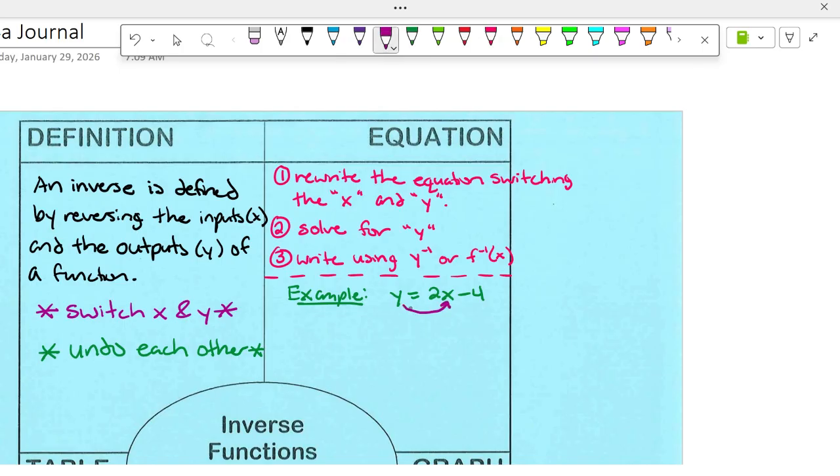By that, I literally just mean switch the placement of the x and y variables. So if I do that, this would be x equals 2y minus 4. So when I say switch x and y in the equation, I literally mean switch where x and y are placed in the equation.